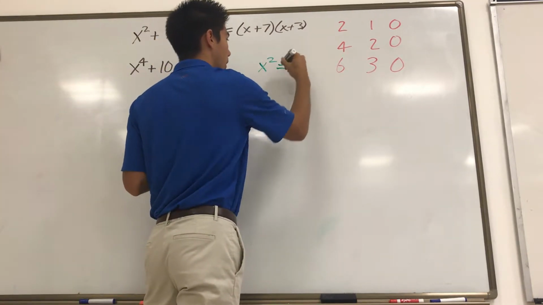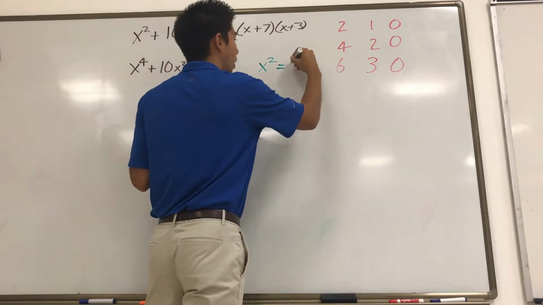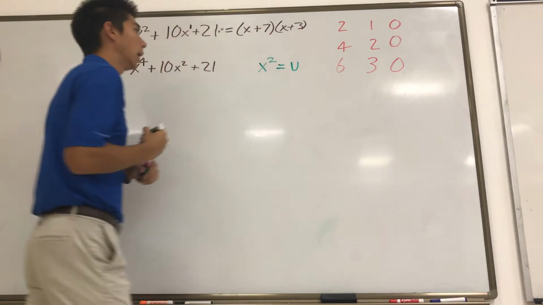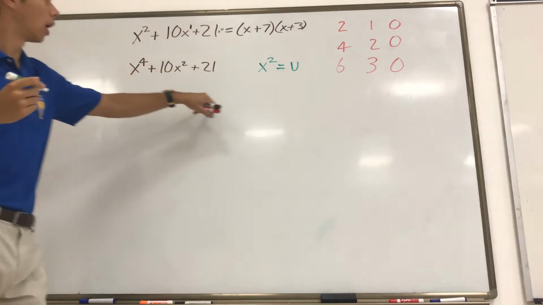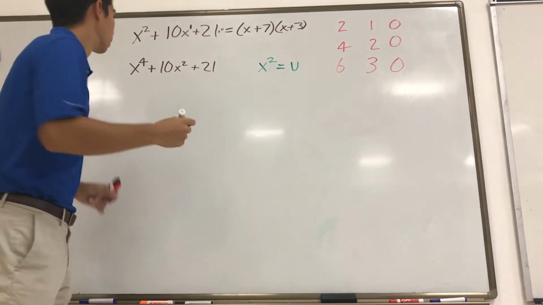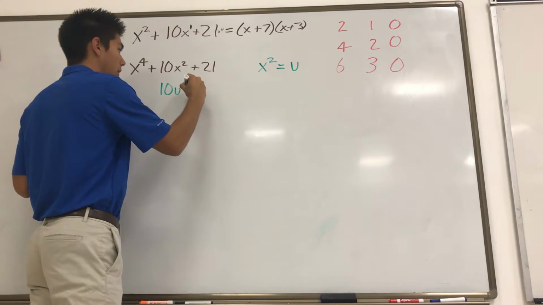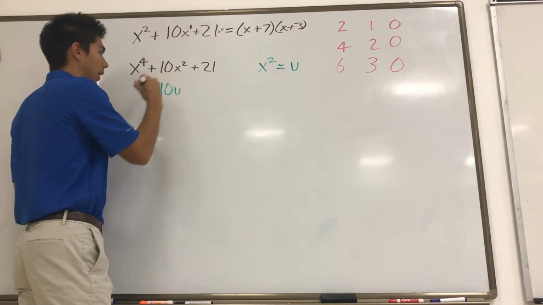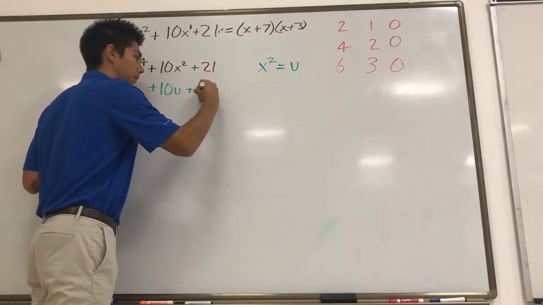Since we call it U-substitution, we usually use the variable u. So anywhere I see x squared, I'm going to plug in u. This is just plus 10u. This 21 doesn't have a variable in it, so it just stays the same.